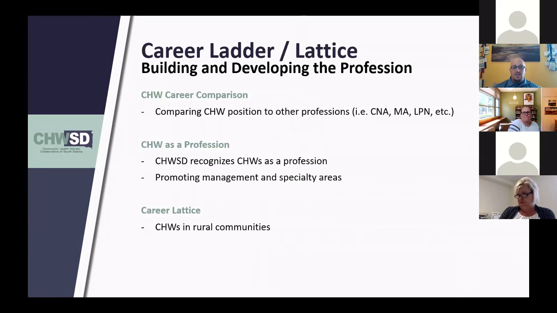And this is something that some other states have been looking into as well, is if we have a smaller community where there may not be a full-time 40-hour position for a community health worker, we can instead have an individual train as a community health worker and also train in a different area, whether it's as a CNA with a local nursing home or an EMT with a local ambulance service, and then be able to pair those positions together so that the individual can then have a full 40-hour work week, stay in their rural community, but also be able to work as a community health worker and also meet some of the workforce needs in the community in other capacities as well.